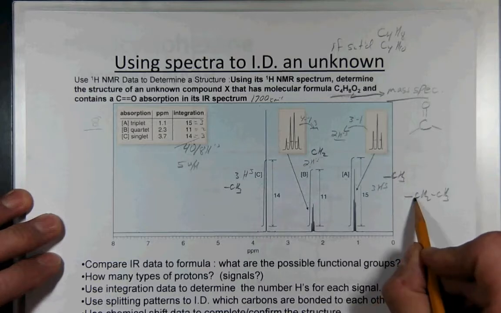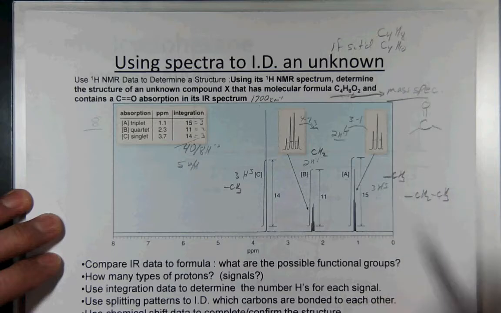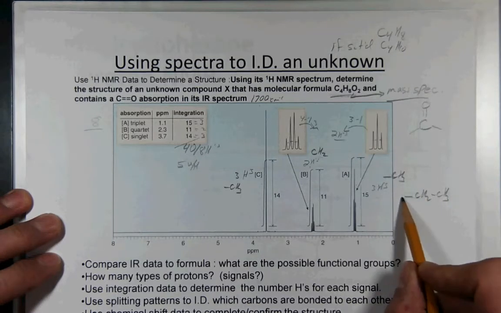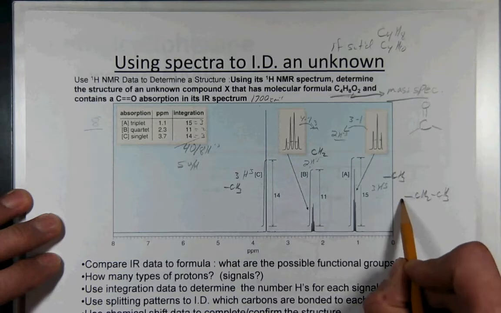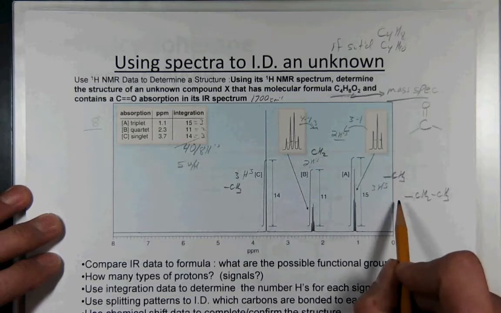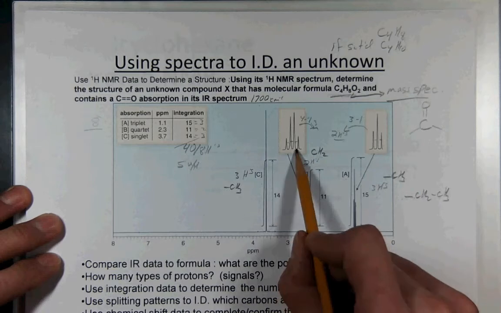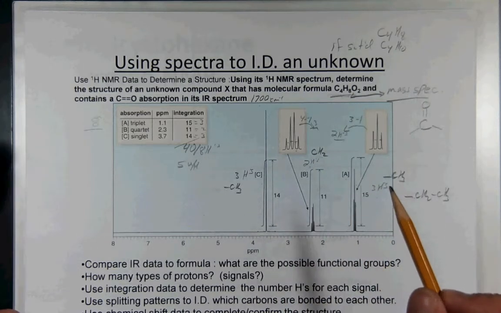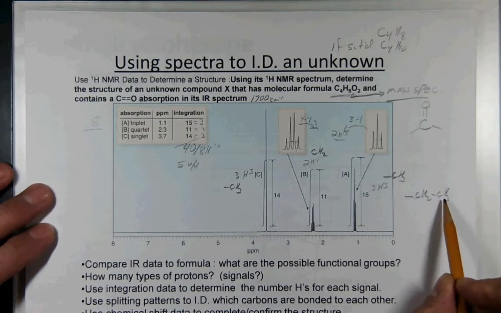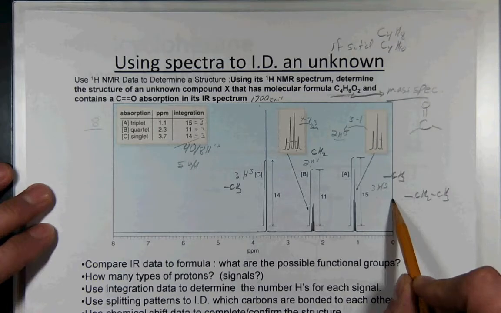This carbon is at the end of a chain, so it's only got 1 neighbor. But this one has to have another bond here, right? What is this going to be bonded to? Well, it can't be bonded to anything with a hydrogen, because if it was, it wouldn't be split into a simple quartet. It would be that more complicated splitting pattern that we looked at, where we first split into a quartet from these, and then if there's at least 1 other hydrogen here, it would be split into a doublet.